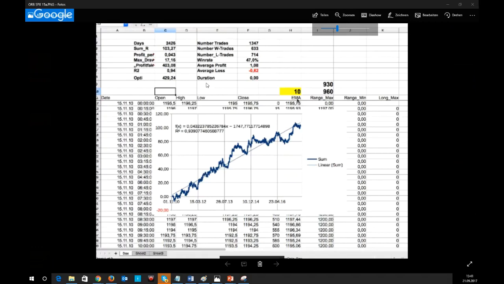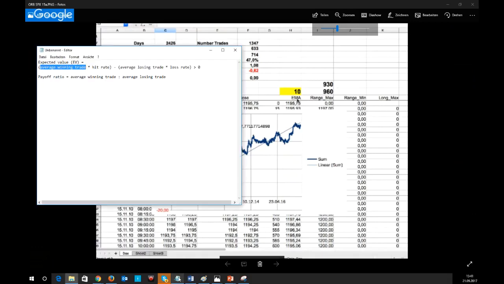And now you can also include those numbers here, for example 1.08 and 0.82, in our formula that we just formulated already.